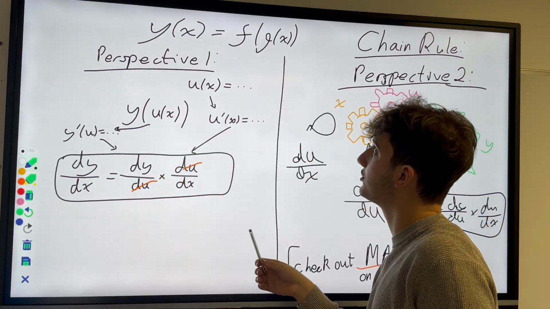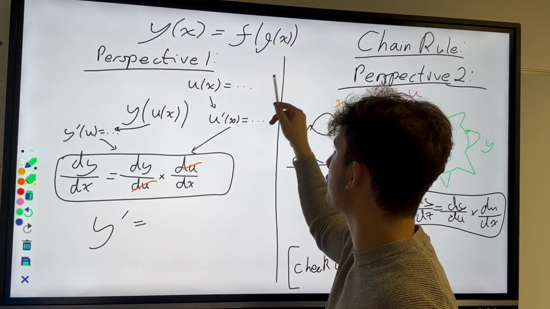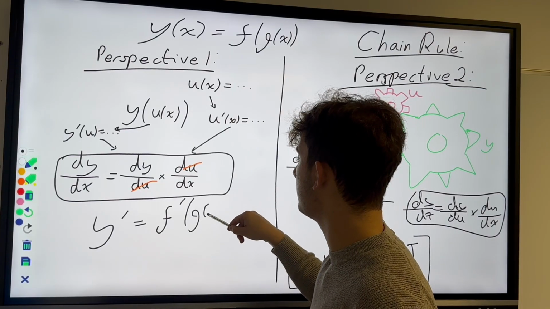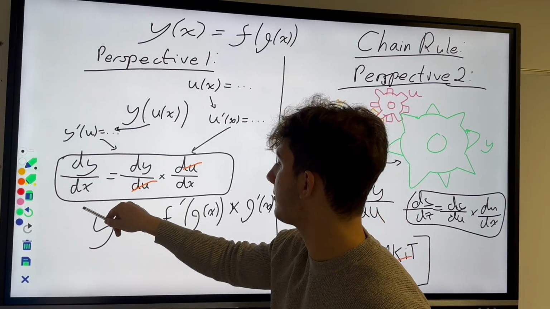In function notation, like up here, if you're wondering, that means that y prime equals f prime of g multiplied by g prime of x, like that.